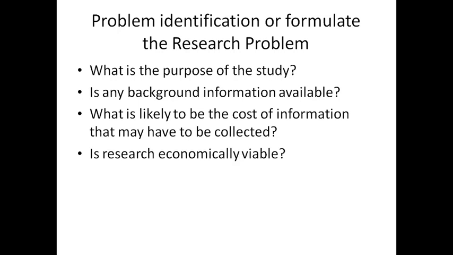Problem identification means that the researcher needs to set the objectives of the study, and before setting the objectives, the researcher needs to have a clear idea about what the researcher is going to find, or to which question the researcher intends to conduct the research.